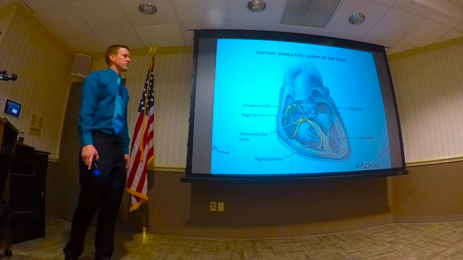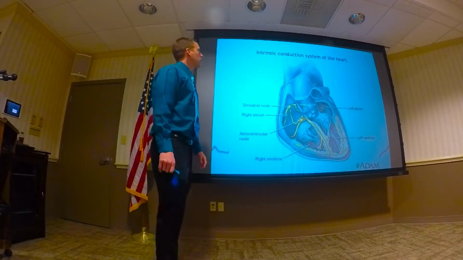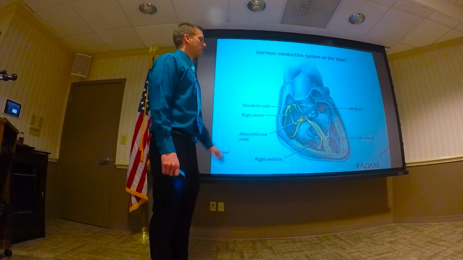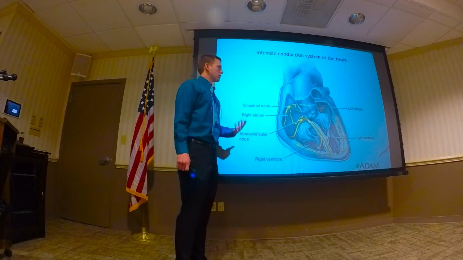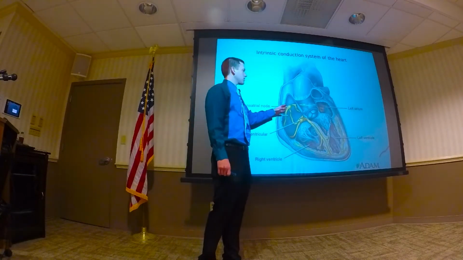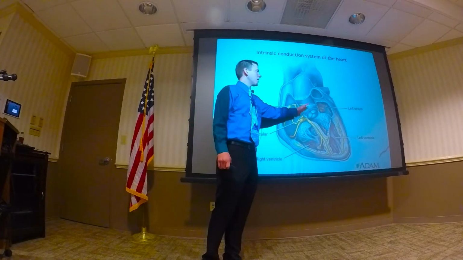All right, the conduction system. It's one of my preferred slides to look at the anatomy of the conduction system. So we have to recognize, first of all, that normal impulses start at the SA node, and they propagate in a wave.